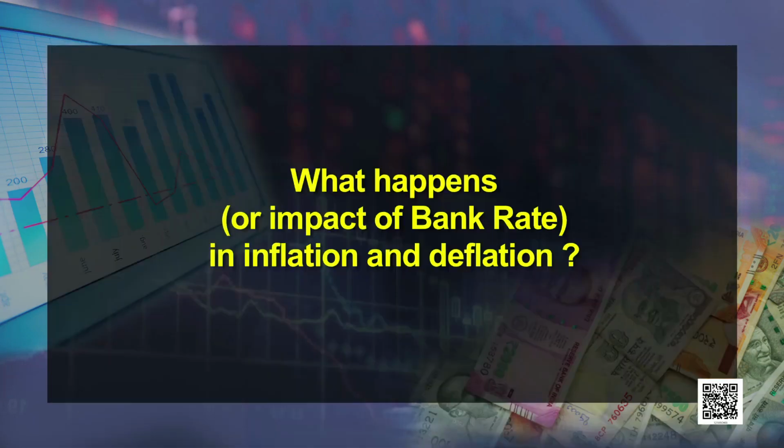Now what happens in inflation and deflation? As in inflation, I have already told you that the central bank forces the commercial banks to lend less money to the public because there is huge purchasing power in the economy. As people have more money, they spend more and it leads to inflation. So the central bank advises the commercial bank not to lend money.